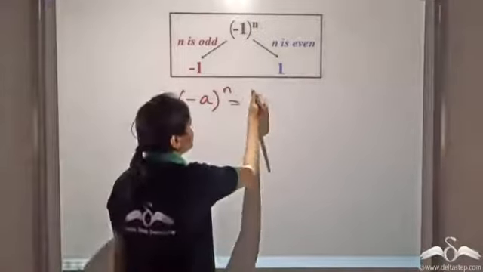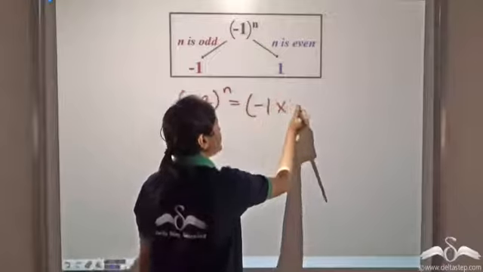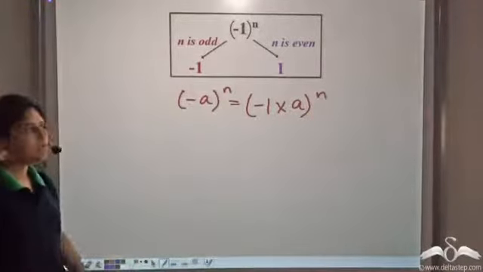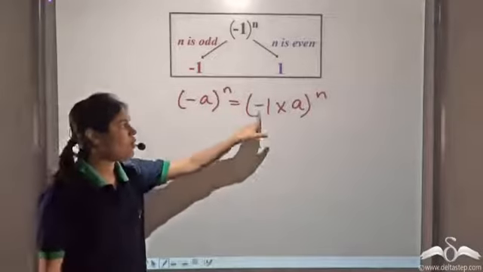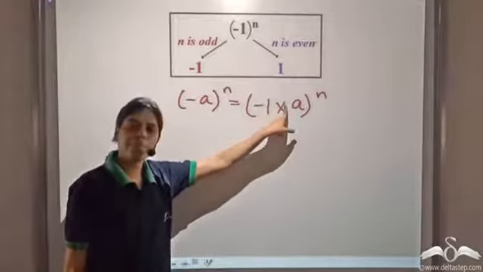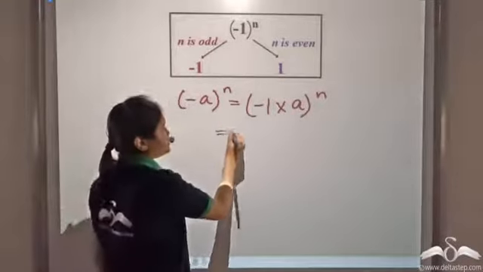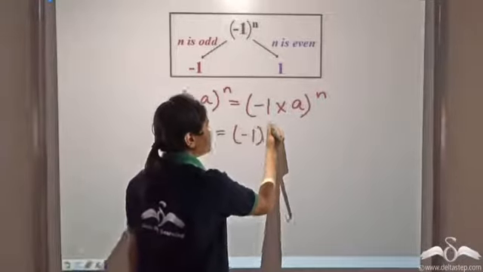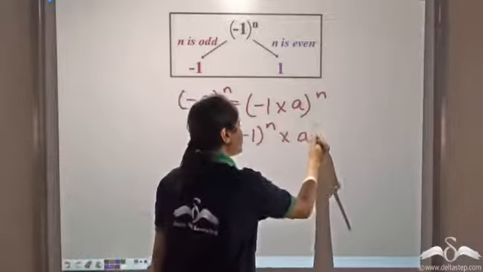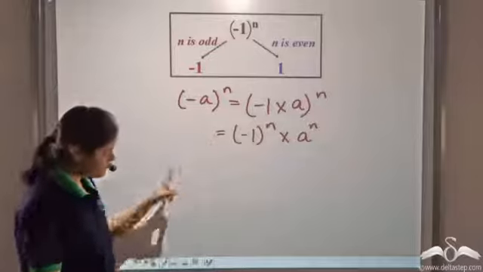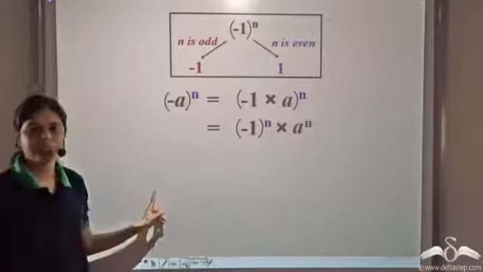Now this can be written as negative 1 into a whole raised to the power n. This is in the form of the product of two numbers raised to the power n. So we can write it as negative 1 to the power n into a to the power n using the law which we have just learnt. So this is what we have.